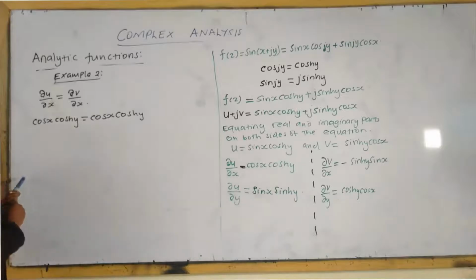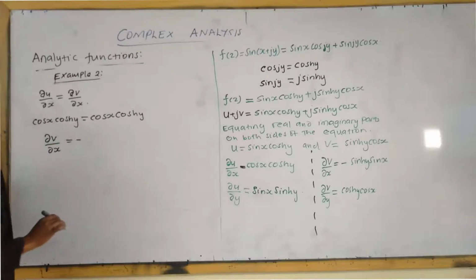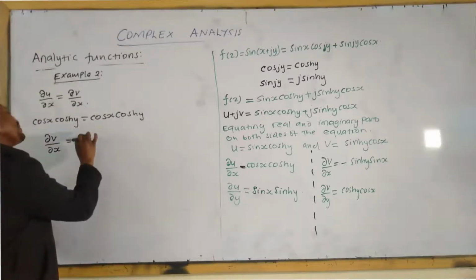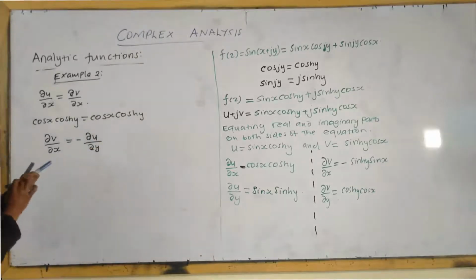The second Cauchy-Riemann equation is that the partial derivative of v with respect to x is equal to negative the partial derivative of u with respect to y. Let us equate the same.